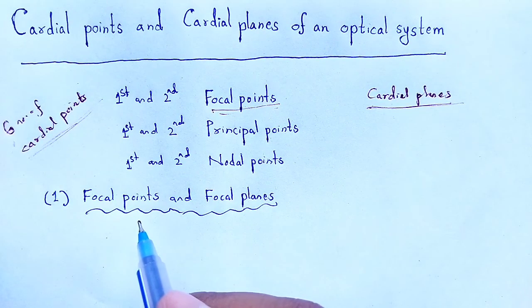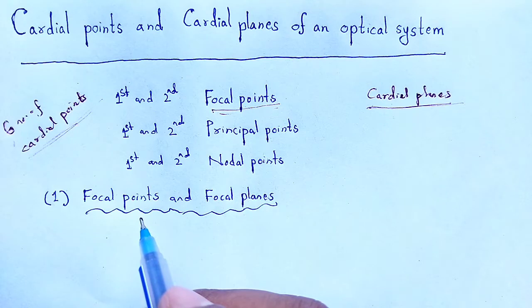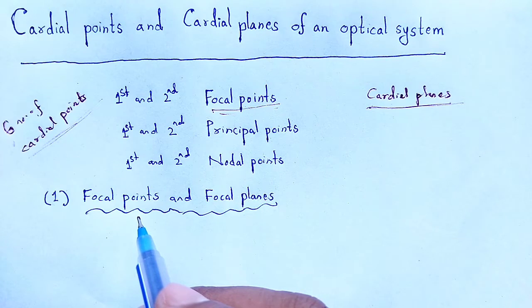In an optical system, when the rays come from the focus, after refraction they are parallel to the principal axis, then that point is named as focus. Or we can say, if the rays parallel to the principal axis come to the focus after refraction.